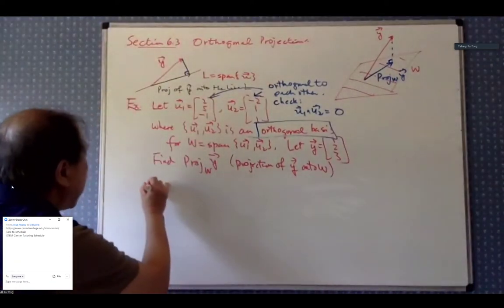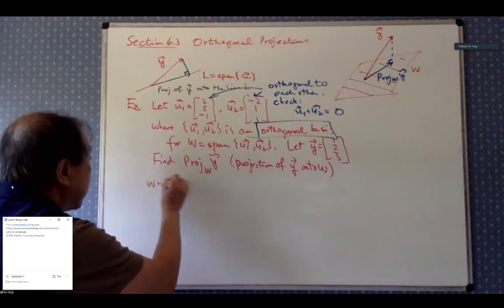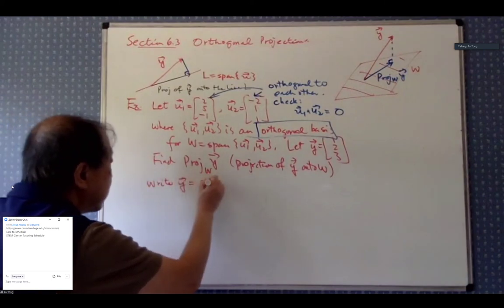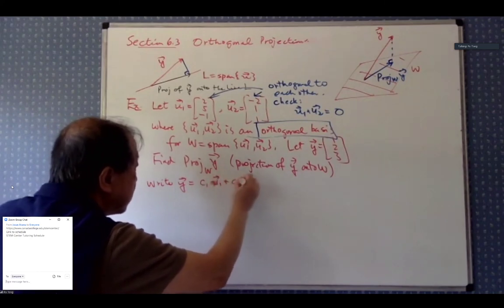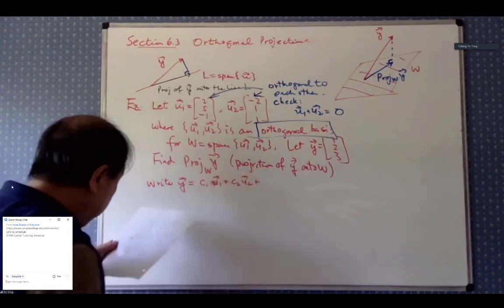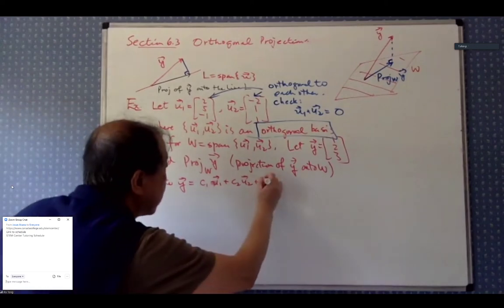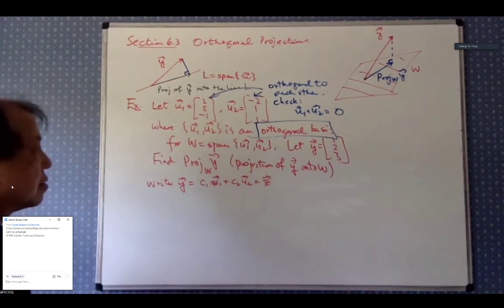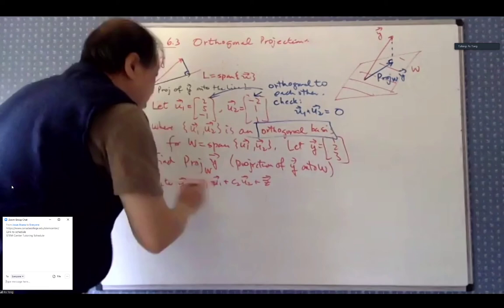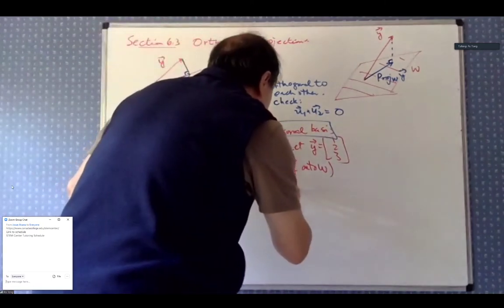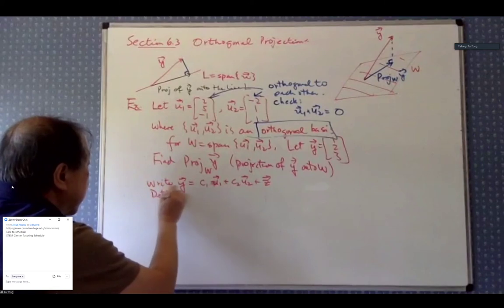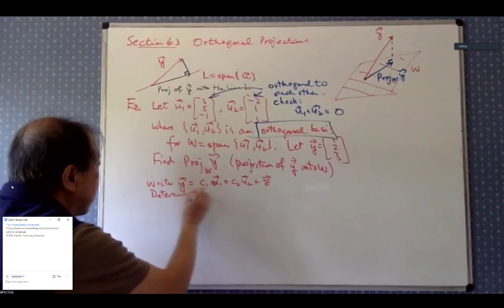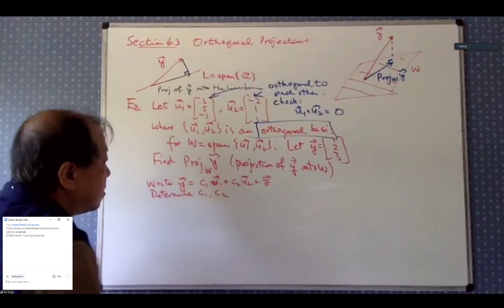We want to write y equal to C1 U1 plus C2 U2 plus another vector Z, and then determine C1 and C2.